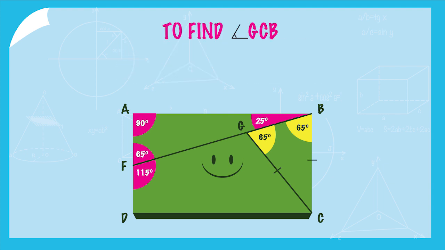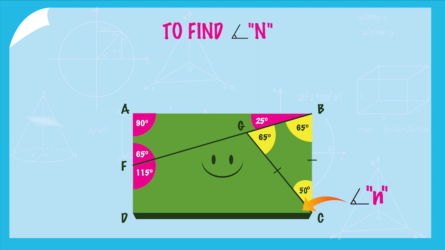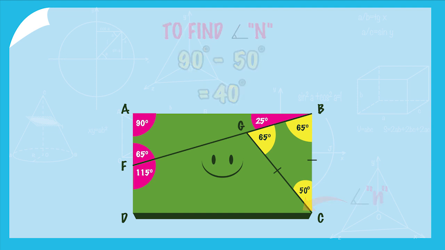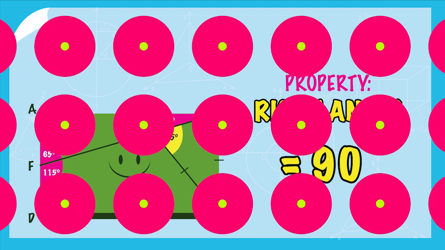Hence, to find angle GCB, we take 180 degrees minus 65 degrees minus 65 degrees to give us 50 degrees. Hence, to find angle N, we take 90 degrees minus 50 degrees to give us 40 degrees. This is also applying the properties of a right angle, which is 90 degrees.